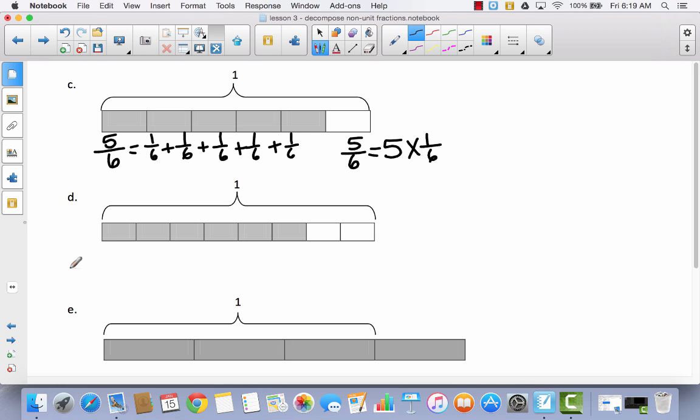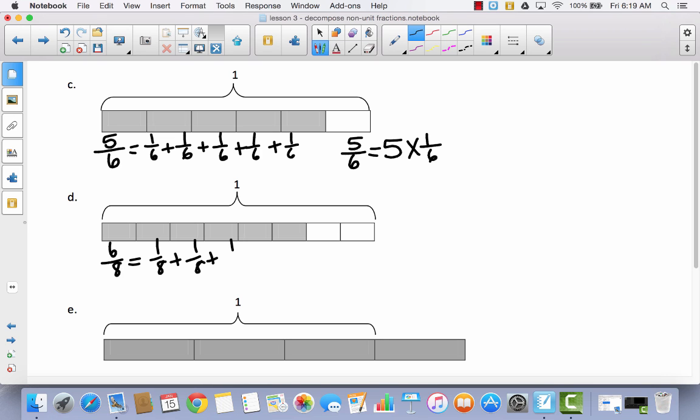All right, let's take a look at D. Again, if you did not feel confident trying to do C by yourself, we'll pause the video and try to do D by yourself. I think this is a pretty easy concept to figure out once you understand what we're doing. All right, so we've got 1, 2, 3, 4, 5, 6 out of 8. So I have 6/8 is equal to 1/8, and I'm going to write this 6 times.